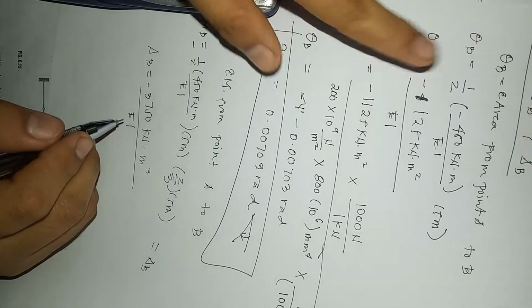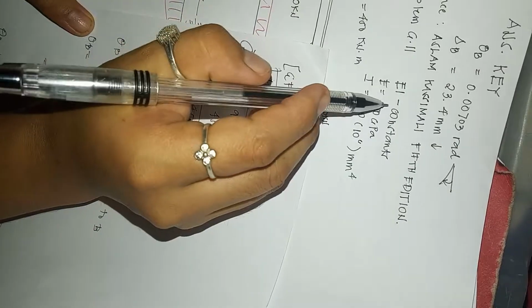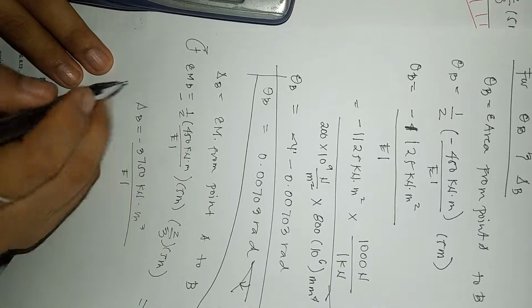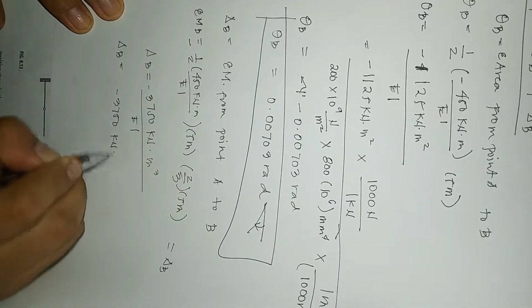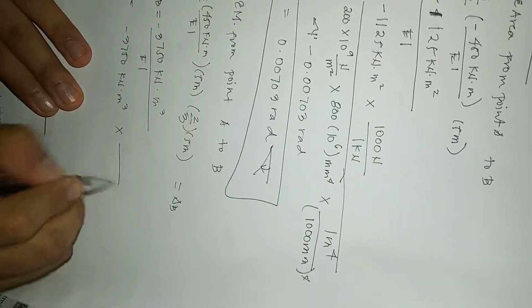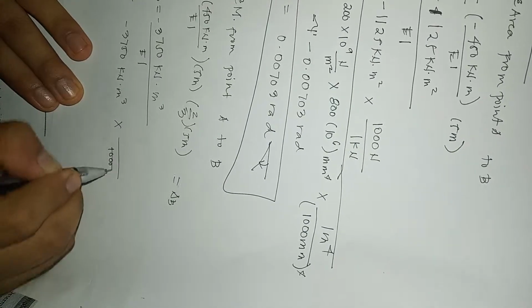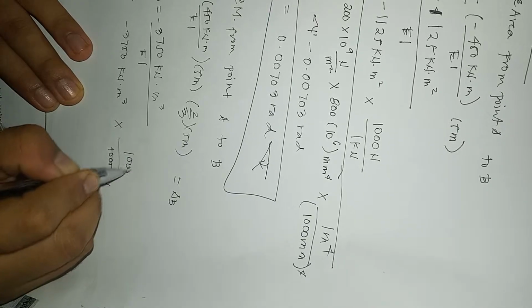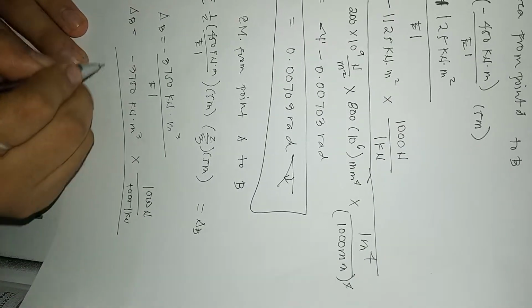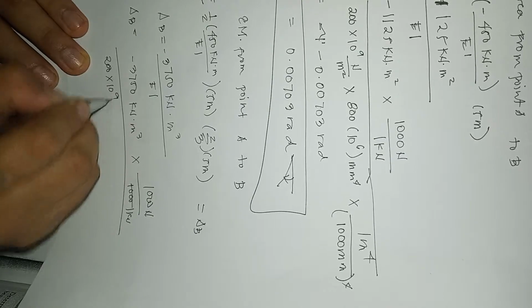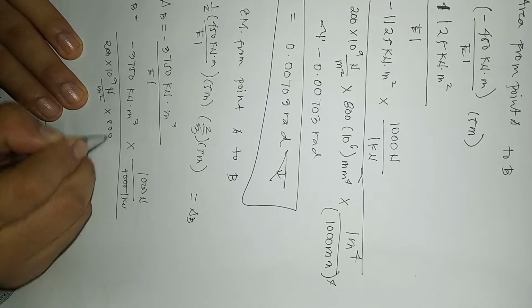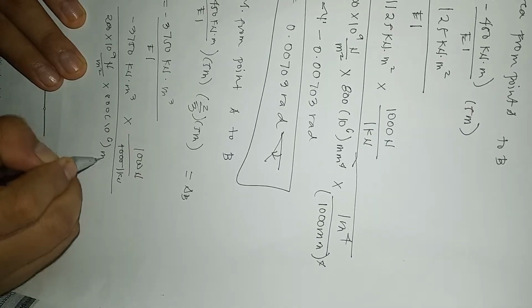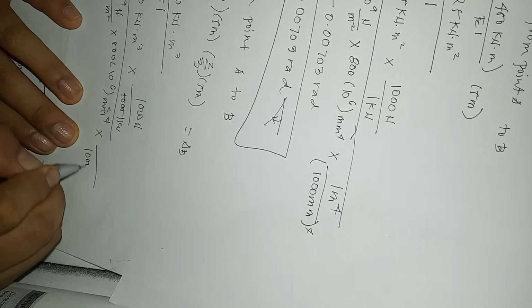So I have to substitute the EI constants. We have negative 3750 kilonewton multiplied by 1000, since 1 kilonewton equals 1000 newton, all over 200 times 10 raised to 9 newton per meter squared multiplied by I, 800 times 10 raised to 6 mm raised to 4, converted using 1000 mm.